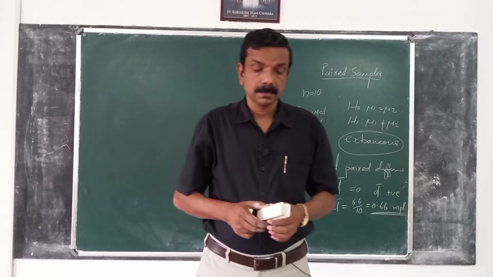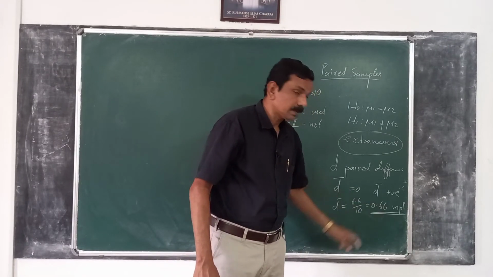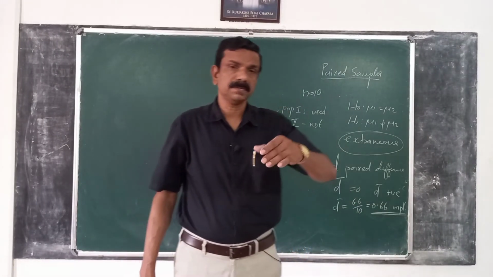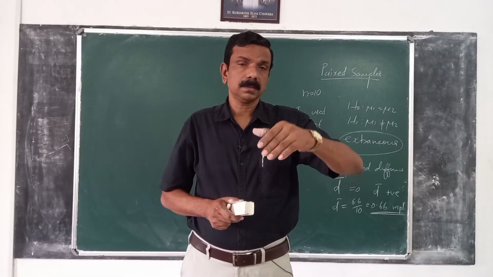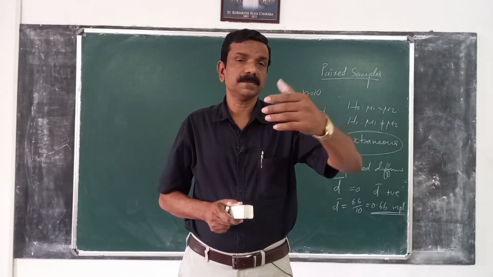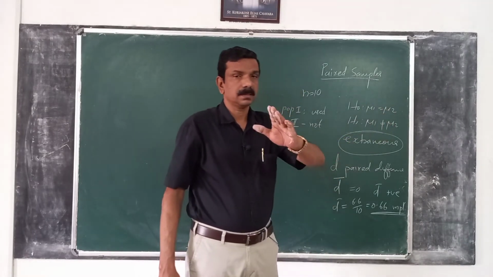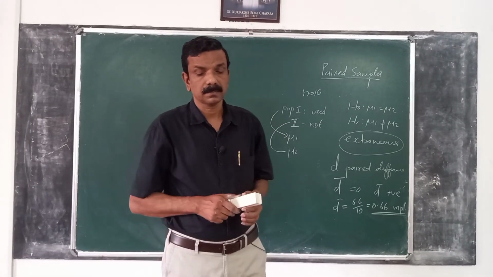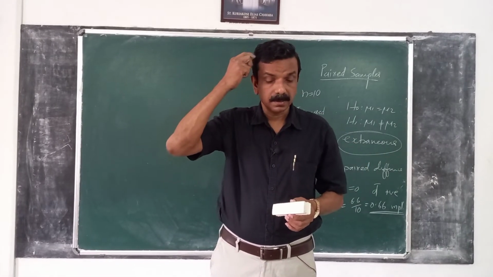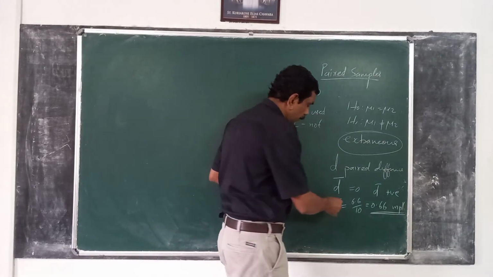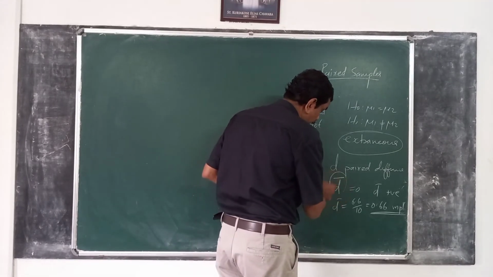Now the question is, as we have discussed many times, is this difference simply due to sampling error, or is this difference large enough to indicate that there is a difference in the mileage when the new additive is used? And in order to answer this question, we must know the distribution of the variable D bar.